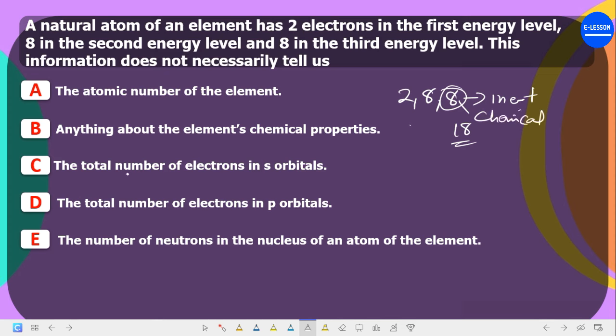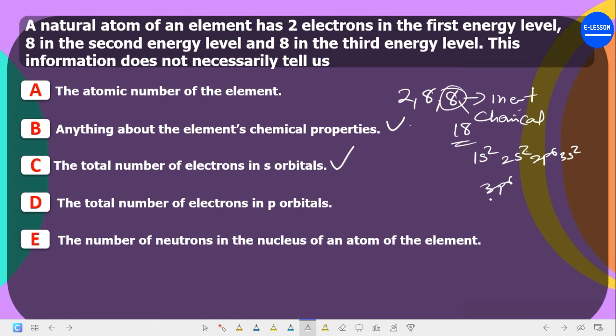Now, the total number of electrons in the s orbital, the total number of electrons in the p orbital, the number of neutrons in the nucleus of an atom. Does it tell us the total number of electrons in the s orbital? That is true, because from here you can know that this is 1s2, 2s2, 2p6, 3s2, 3p6.